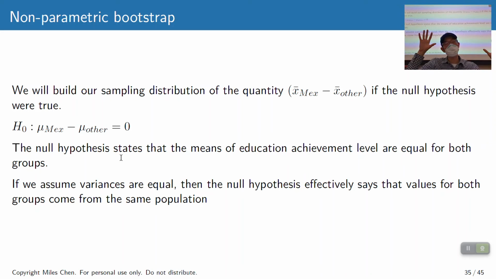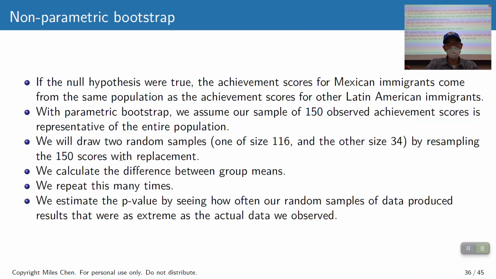That immigrants who came from Mexico, their education achievement scores are coming from the same population as immigrants from other Latin American countries. So I would just draw the values from the same kind of pool here, and that's what we will do if the null hypothesis were true. So if the null hypothesis were true, the achievement scores for Mexican immigrants come from the same population as the achievement scores for other Latin American immigrants.